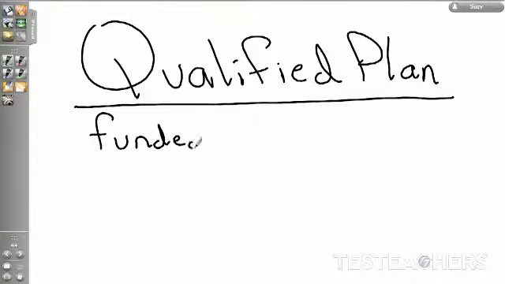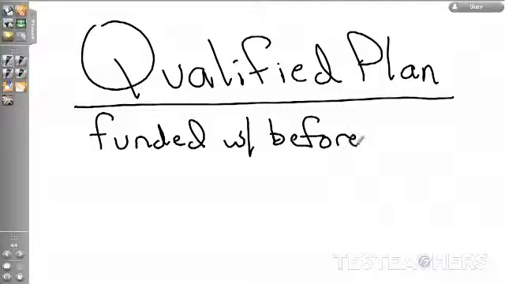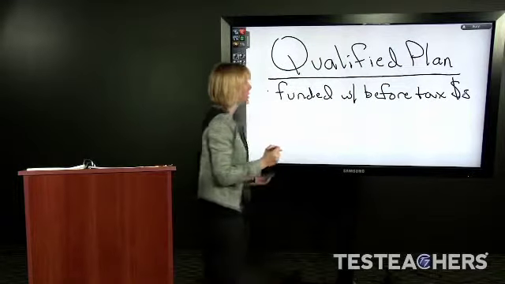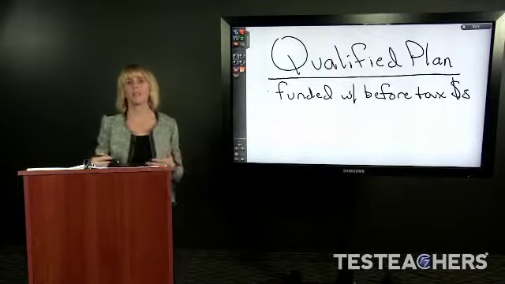One of them is that it's funded with before tax dollars. So the money that goes in has not yet been taxed, pre-tax dollars. The idea being upon withdrawal, your withdrawal will be taxable at ordinary income rates.